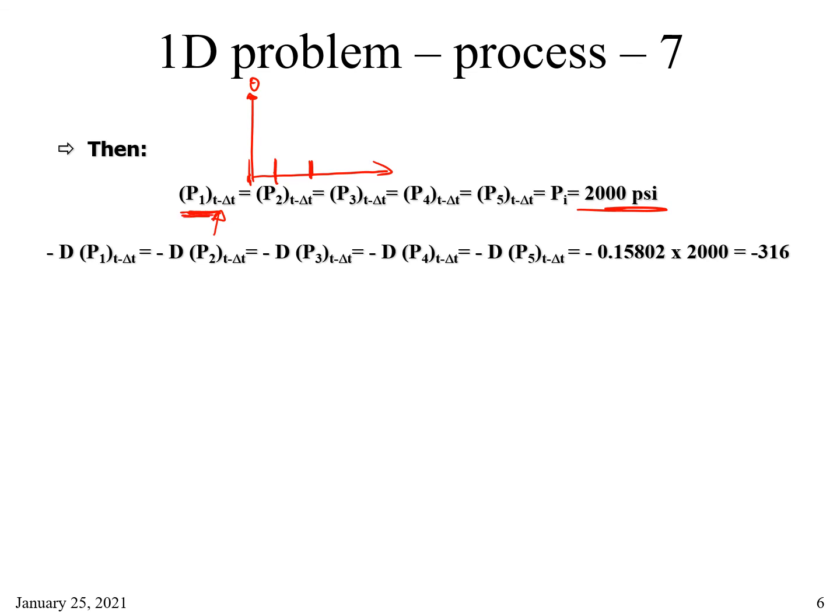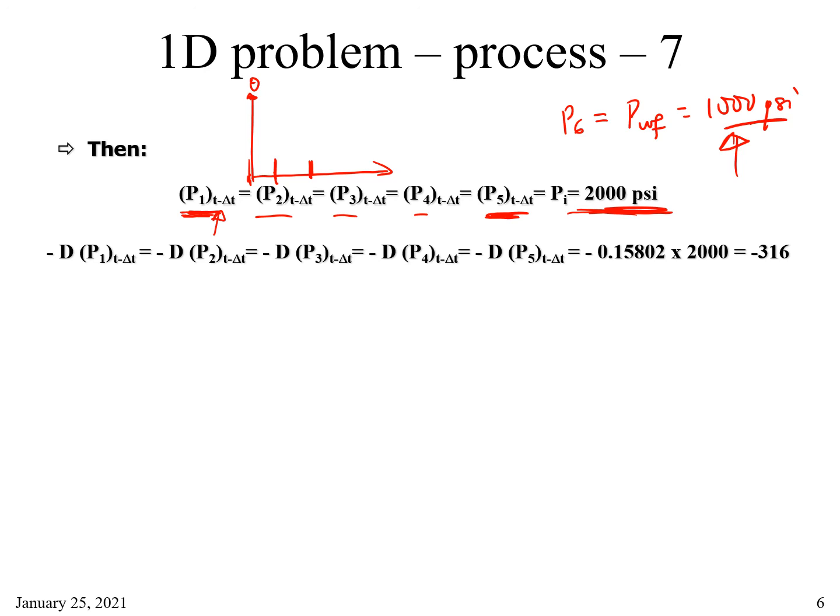So P1, P2, P3, P4, all the way to P5 at the initial condition is 2000 psi. How about P6? Remember, we said P6 everywhere is PWF, which is 1000 psi. That's flowing bottom hole pressure. That's why you don't see us write P6 here. So you will never really solve for P6. You're just going to fix it at 1000 psi.